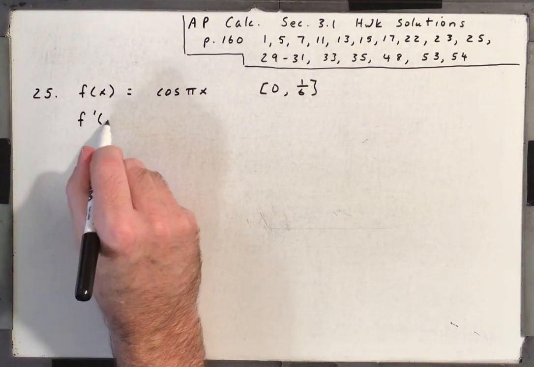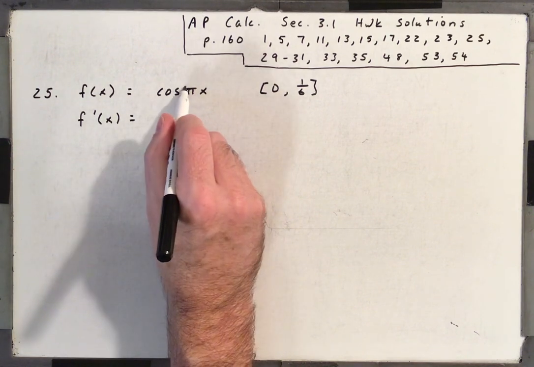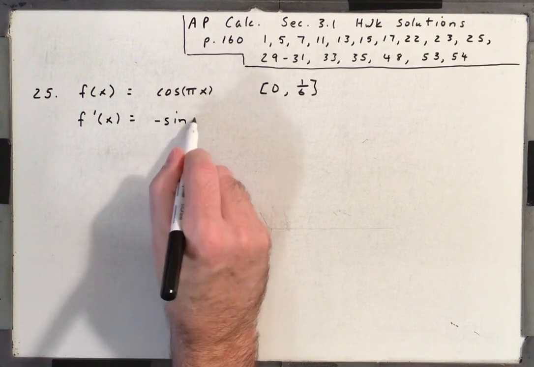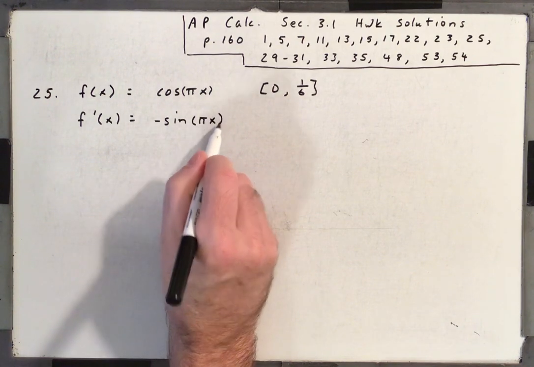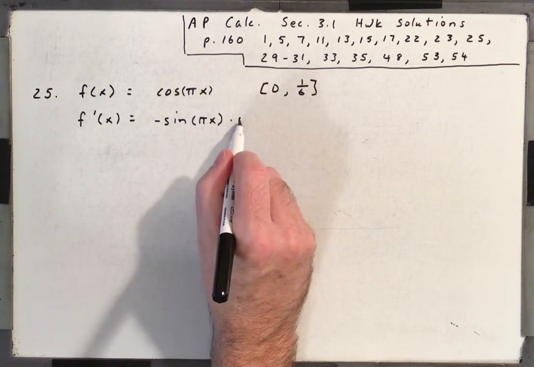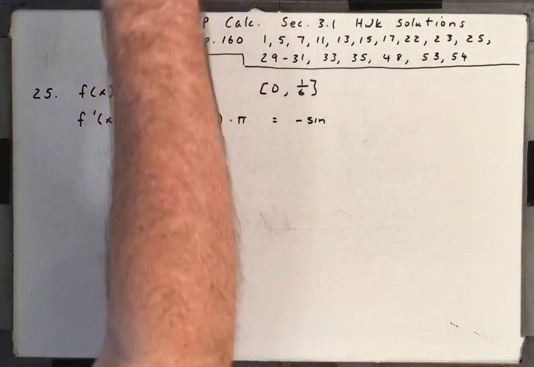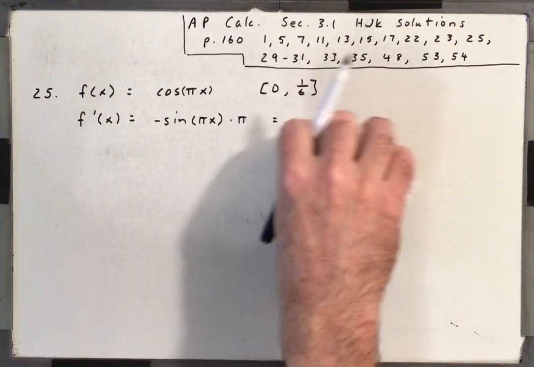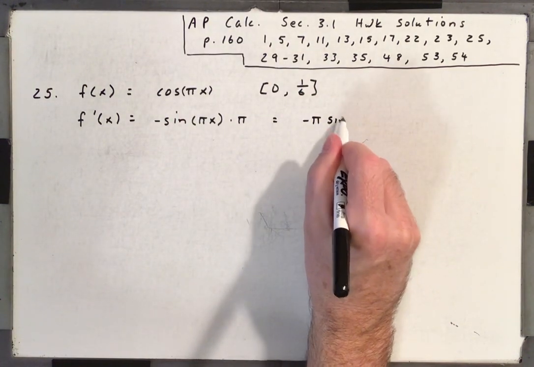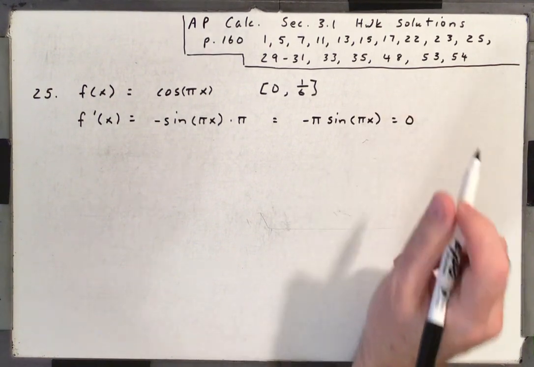Let's see if we have a critical point in that interval. So the derivative, so we can think of it like this. We'd have negative sine pi x times the derivative of the block pi x, so times pi. So that's minus pi sine pi x equals 0.